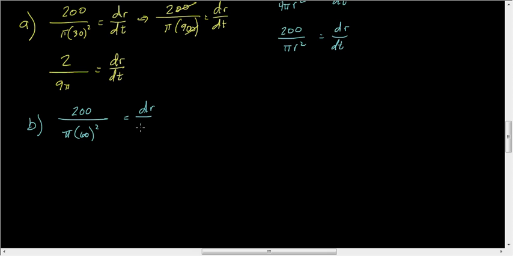This implies that this is 200 over pi times 3600 is equal to dr/dt. And now the hundreds cancel again. The 2 becomes a 1, the 36 becomes an 18, and I'm left with 1 over 18 pi is equal to dr/dt.